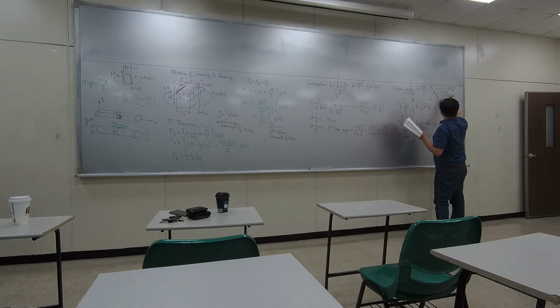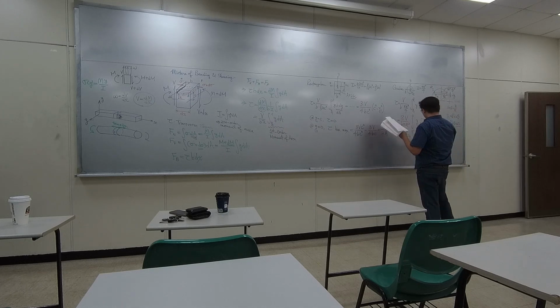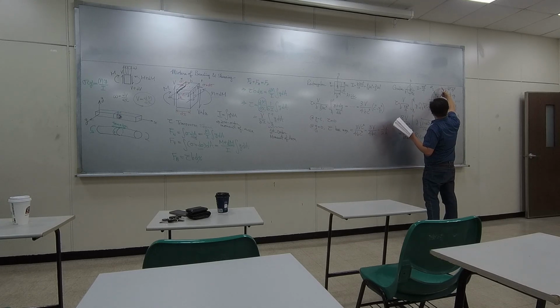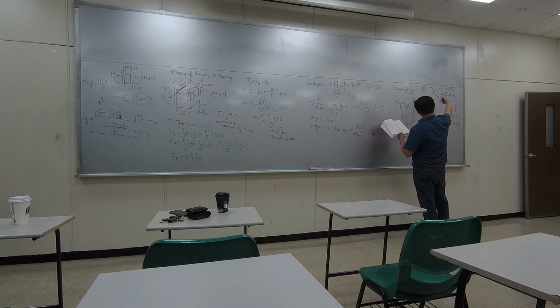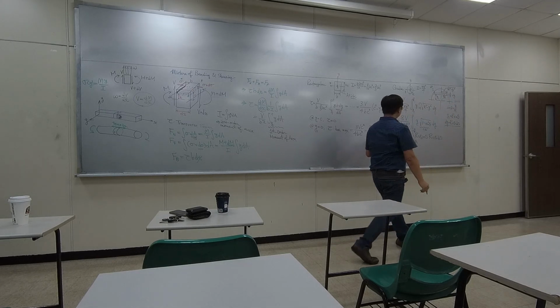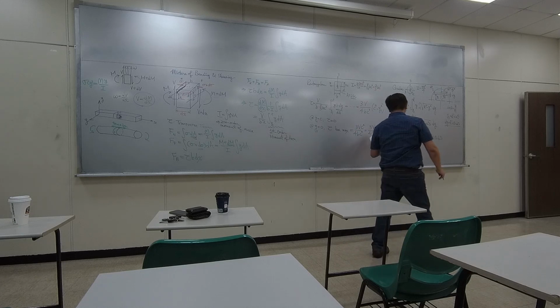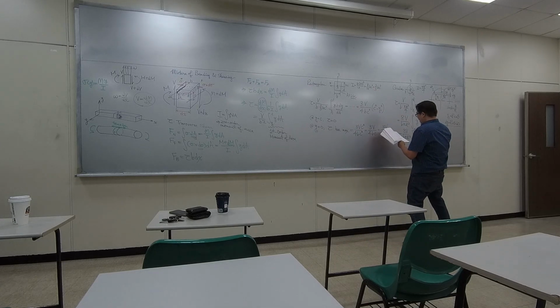So you can call this theta theta 1. So basically you are taking the integral from the angle of theta 1 to the very top. At the very top, the angle is going to be 90 degrees. Okay, so by doing so, I did the math already.